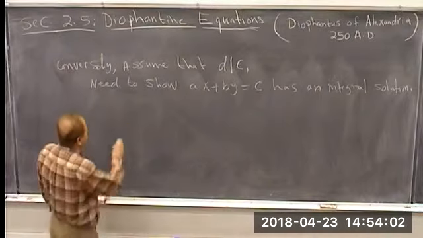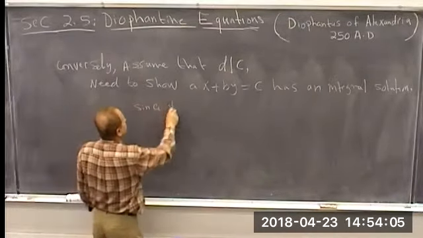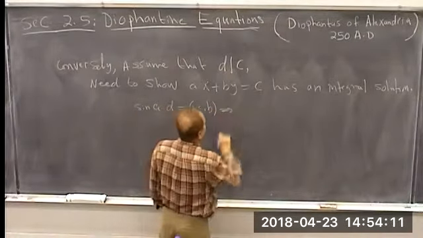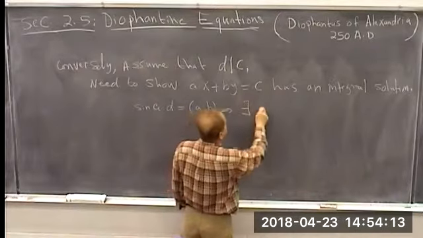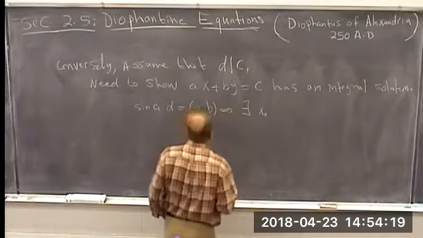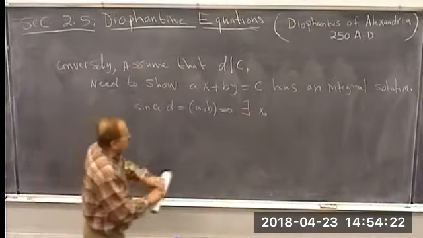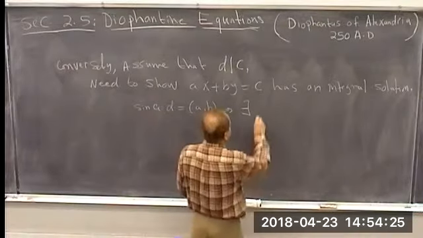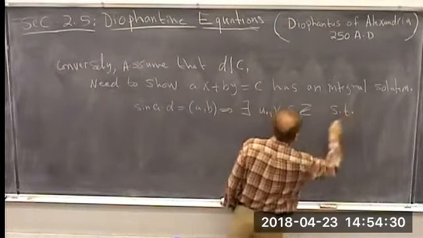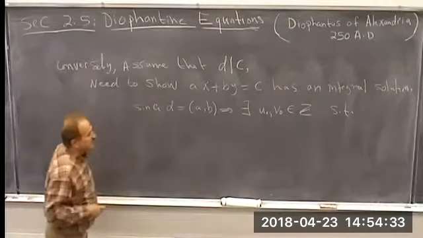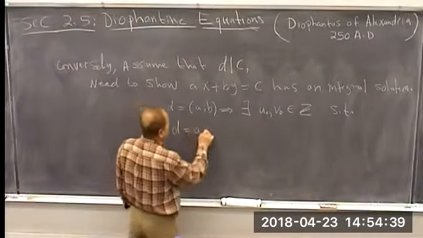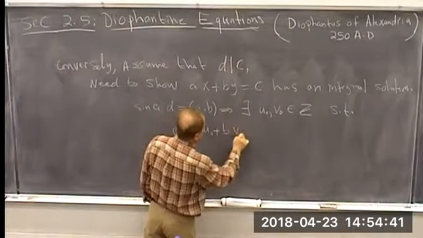So we know that since d is the greatest common divisor of a and b, this implies there exists an x sub 0. Let me call this one a different letter here. We call it u sub 0, u sub 0, v sub 0 being integers, such that, this is my Euclidean algorithm, we can express d as a u sub 0 plus b v sub 0.